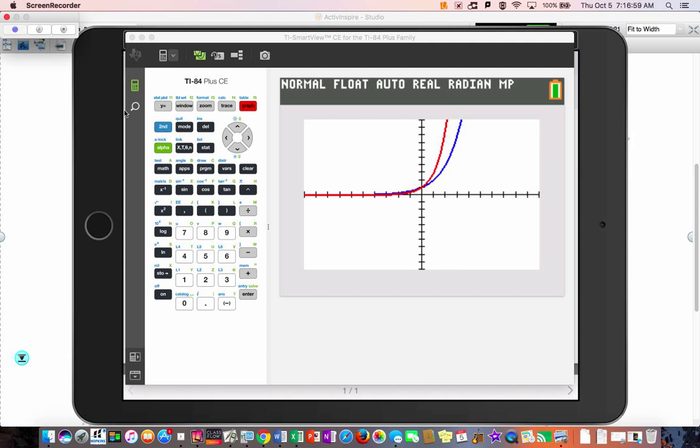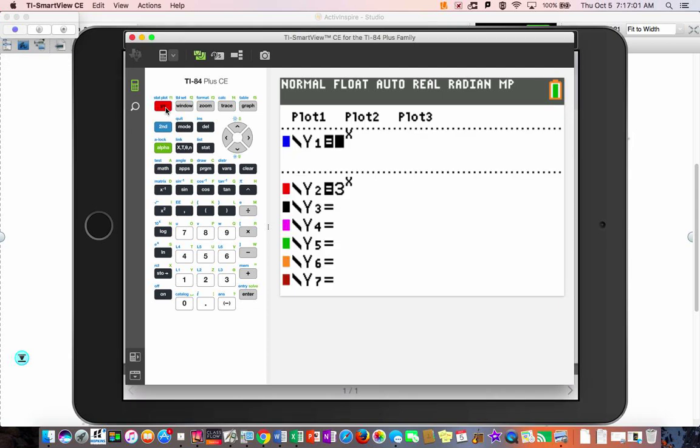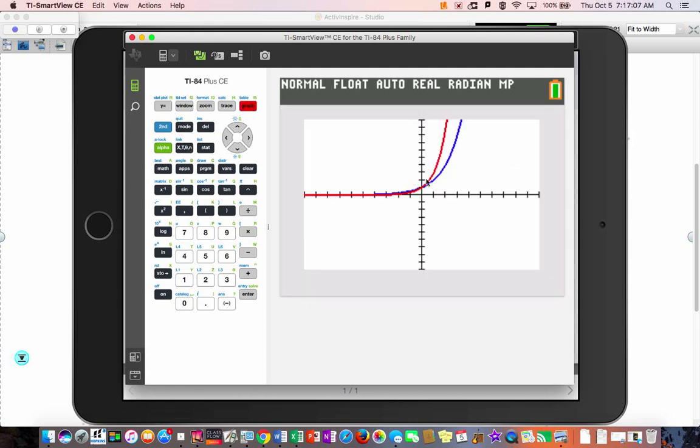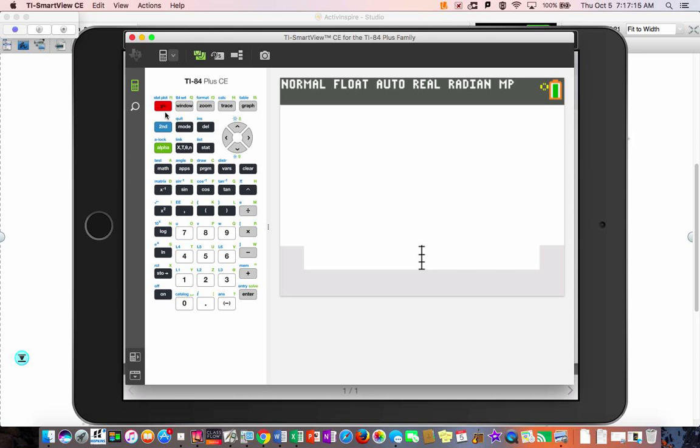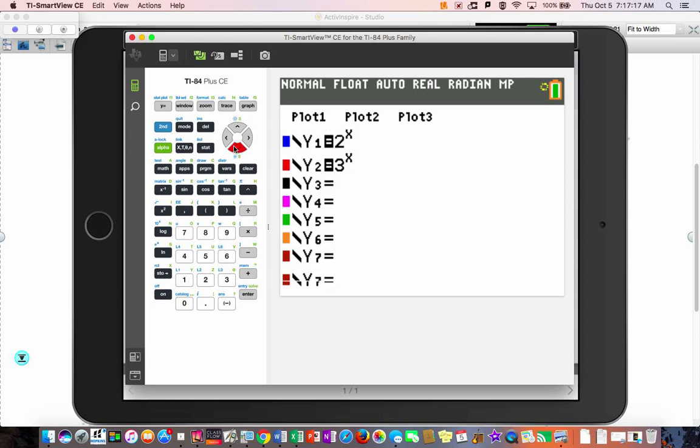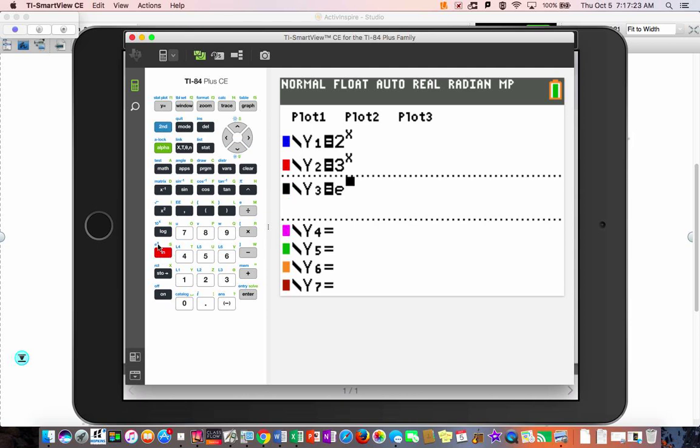Okay, so you can see the two graphs. The blue one is 2 to the x, and the red one is 3 to the x. You can also tell because the red one has a steeper growth rate than the blue one. So what they're saying is if I put e to the x in my graph here, so I hit second ln, notice right above the ln button is that e to the x.